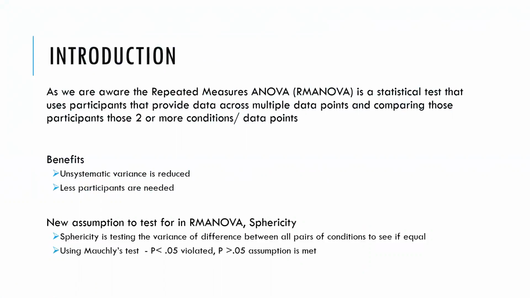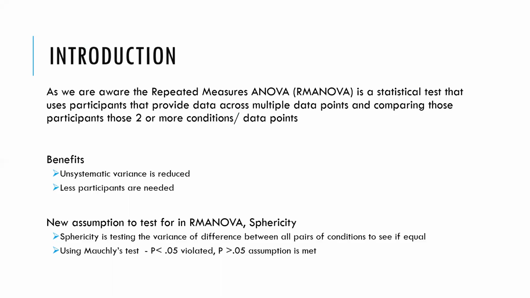Some of the benefits of the repeated measures ANOVA: it eliminates unsystematic variance, or what is sometimes called noise. It eliminates the things that a researcher may not necessarily account for within a test. Another benefit is that it limits the participants you need.